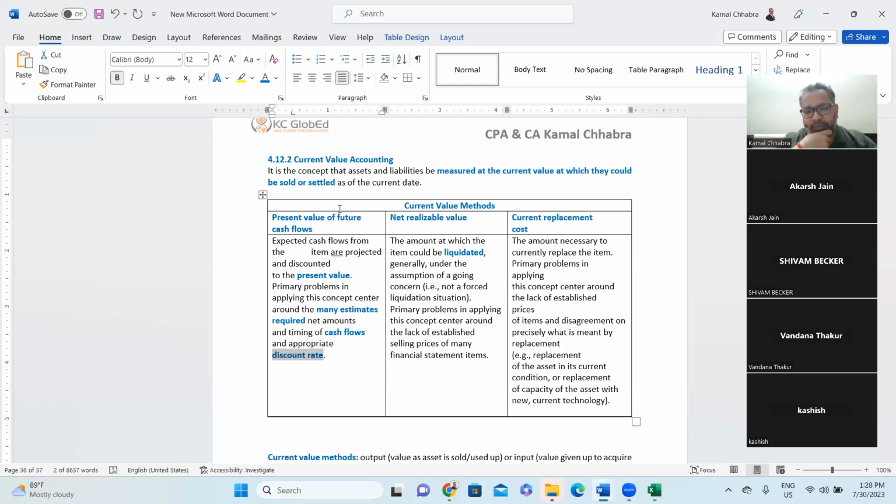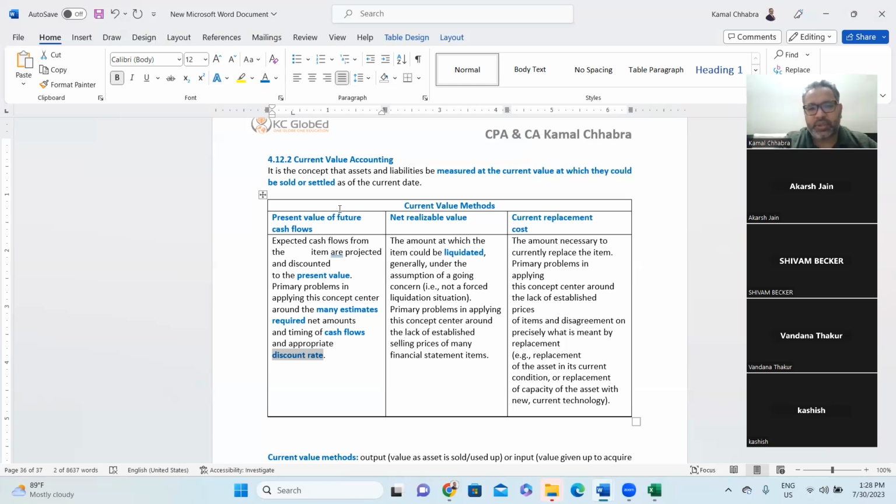Second is net realizable value. The amount at which an item could be liquidated, generally under the assumption of going concern, right? If going concern is an issue, then you might end up incurring losses, because you would sell at any price to collect the money. If going concern is not an issue, then you will be selling to knowing buyers at the known market price, right?